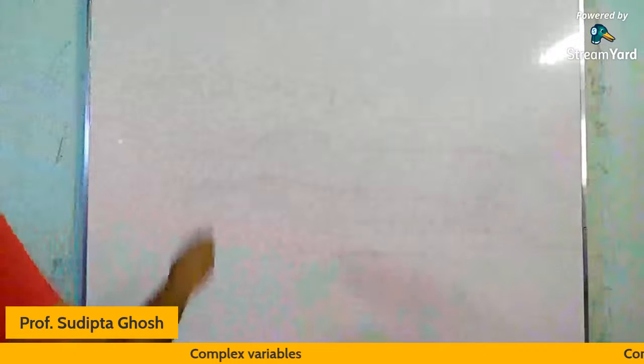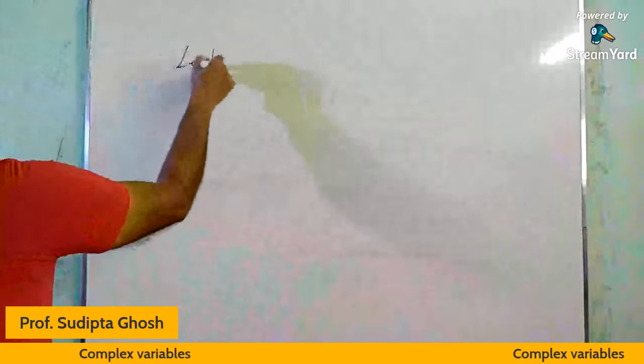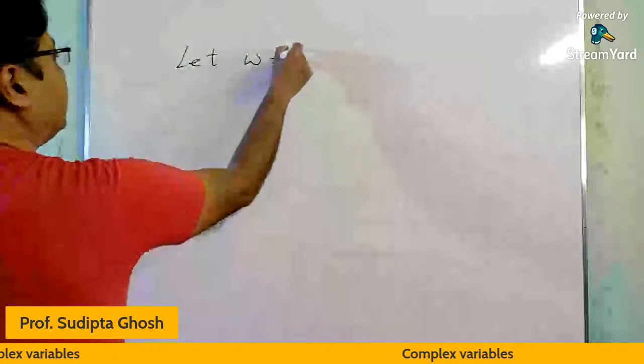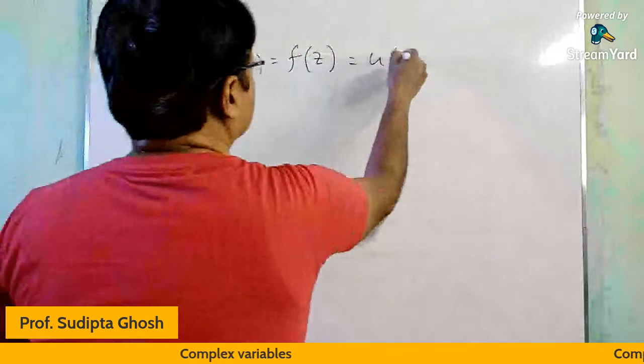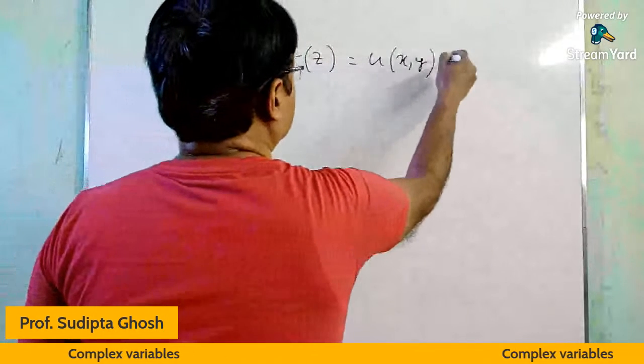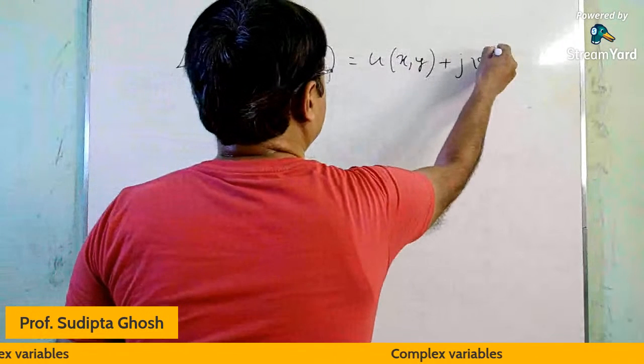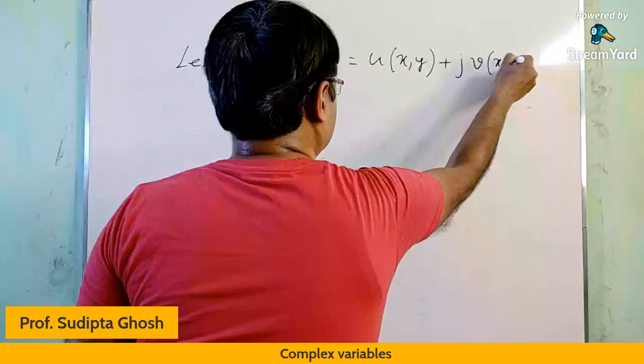Let W, that is f of z, be a function of x, y, that is u(x, y) plus jv(x, y).